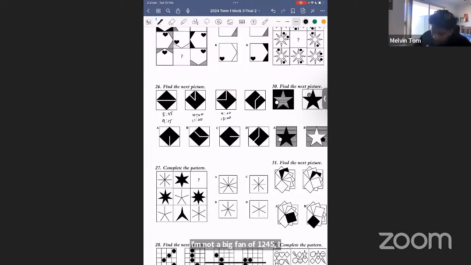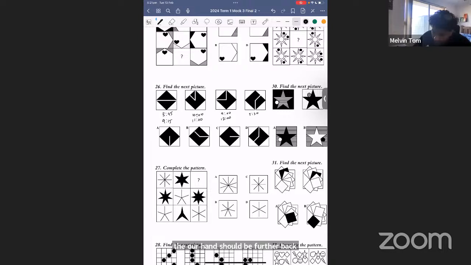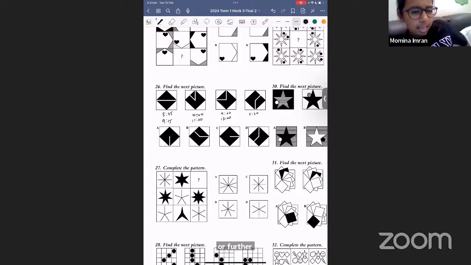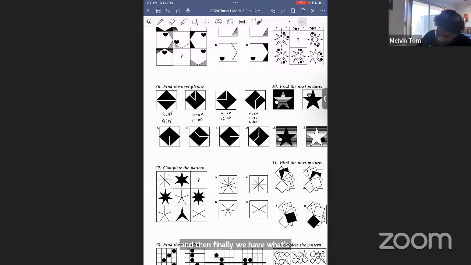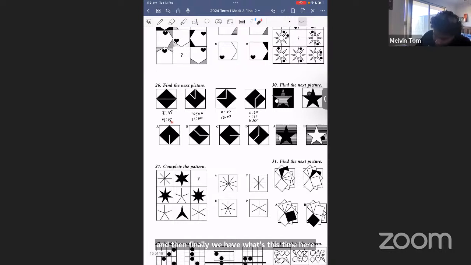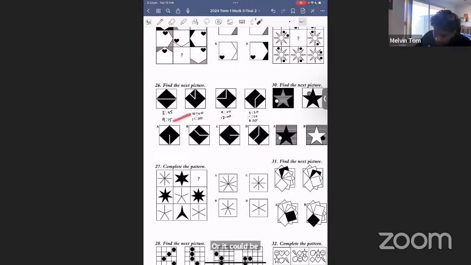And then finally, what's this time here? 2:30 or 1:30, or it could be 6:10. Now, the most probable ones are 9:15, then 10 to 12 o'clock, and then maybe 2:30 or 1:30, right? Now, if that's the case, it went up 1 hour this way.